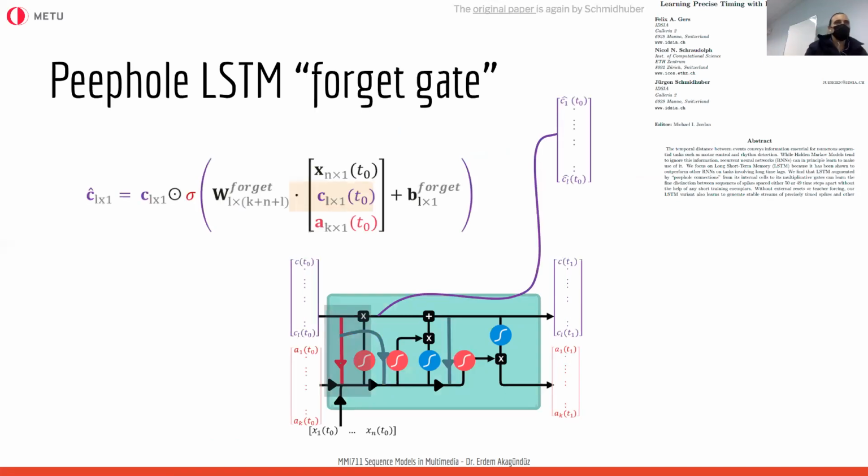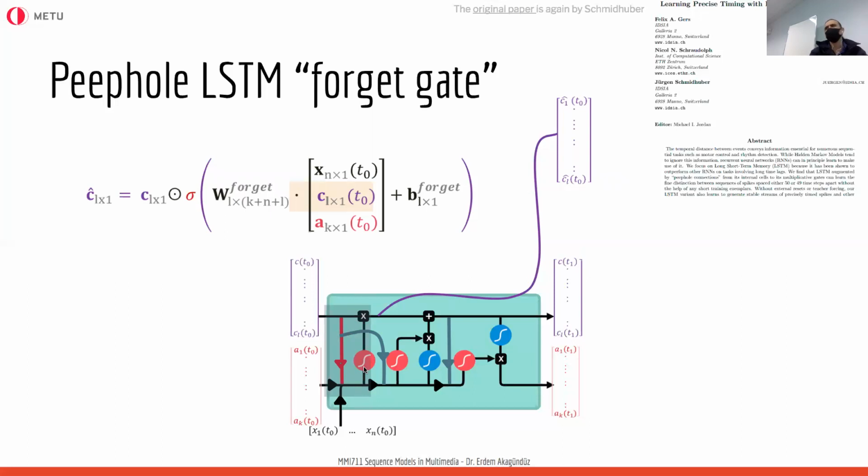So let's see what happens mathematically, because it's something simple. Previously, we didn't have this, right? It was only the previous hidden state. What Schmidhuber and these guys are doing is concatenating the cell state as well, feeding it to this network.